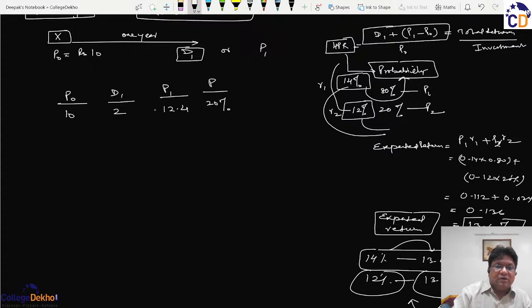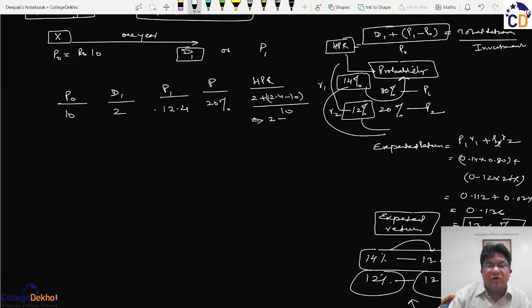So here the return, that is the HPR, as calculated with the above formula, will be 2 plus 12.4 minus 10 divided by 10, and I'm showing it again. I will not show it in the next points, because they will be recurring and you will understand by this one figure.